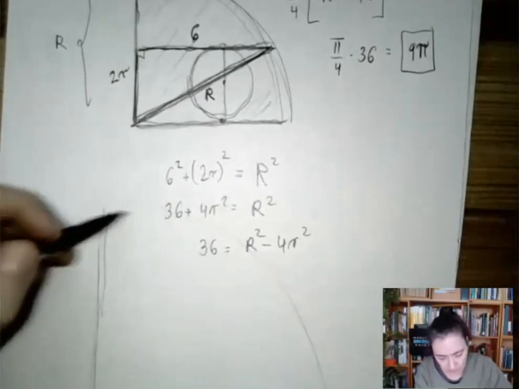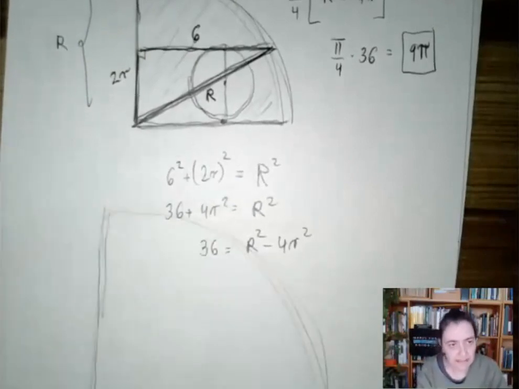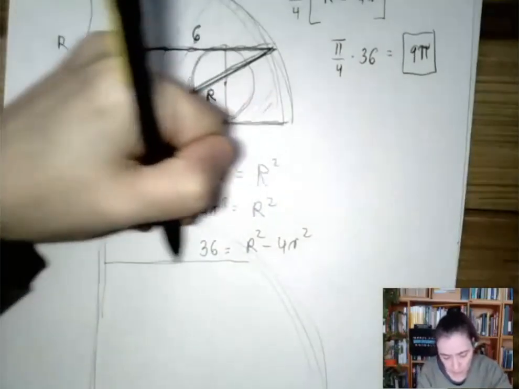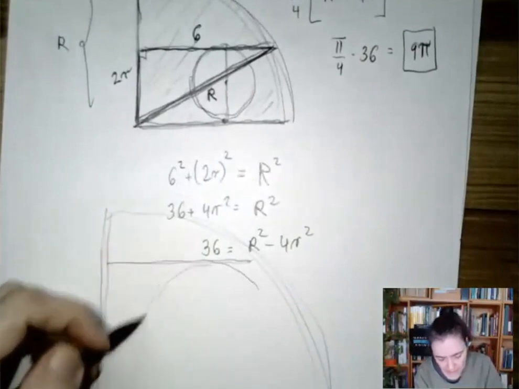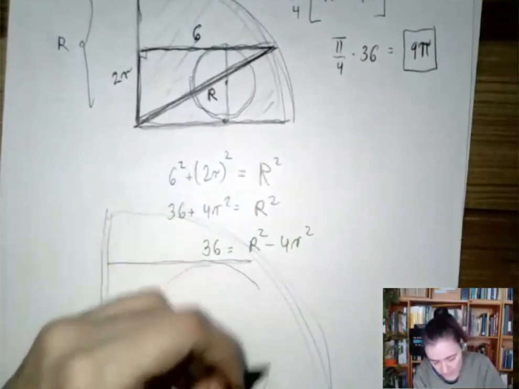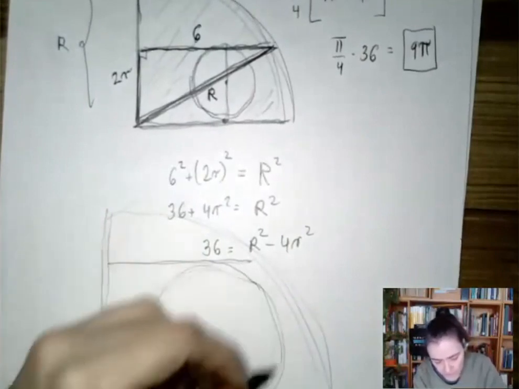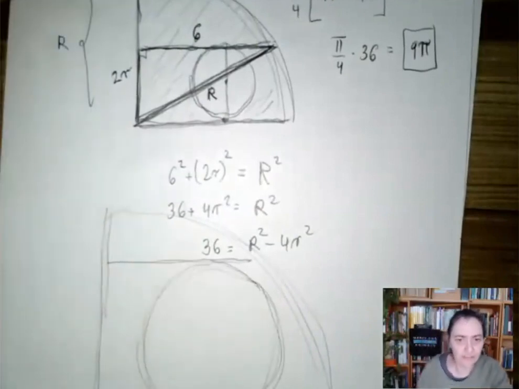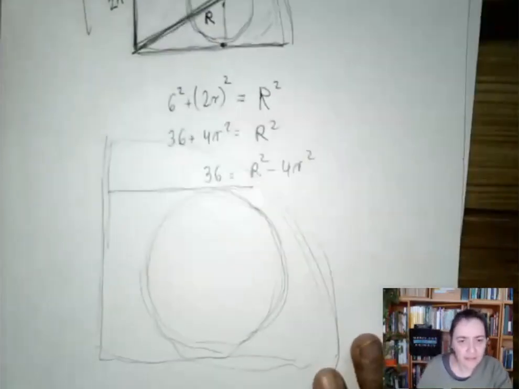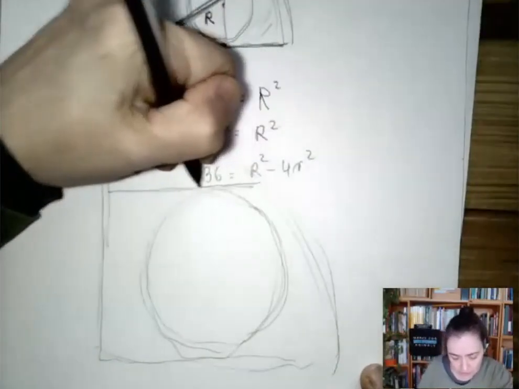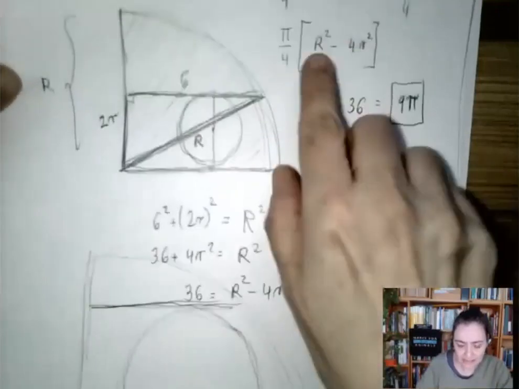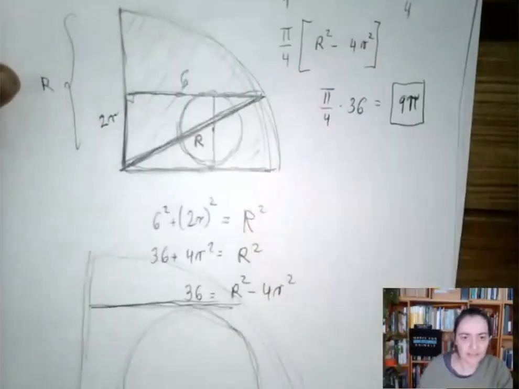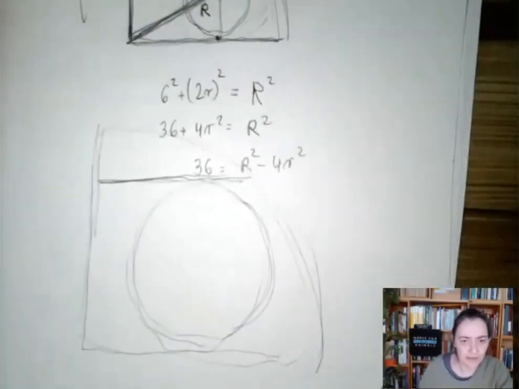If we grew this quadrant circle, then that line, that 6, might have to be pushed up to remain 6 long, and that might make this smaller circle bigger. So in other words, the big quarter circle and the little circle grow together, which is not a surprise. The surprise is that they grow together in such a way that this expression remains constant, which is what the problem is about.